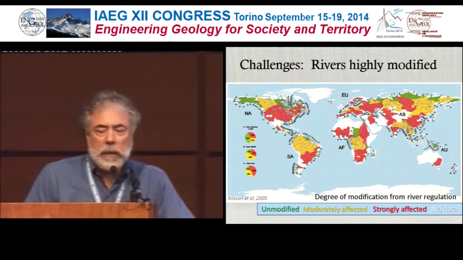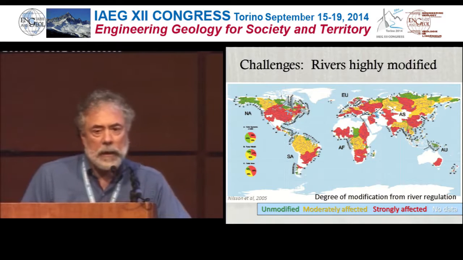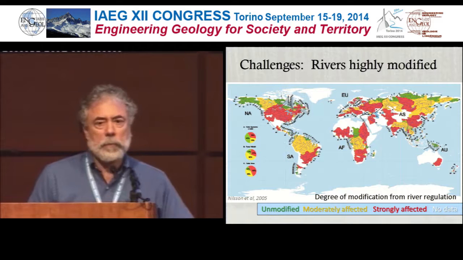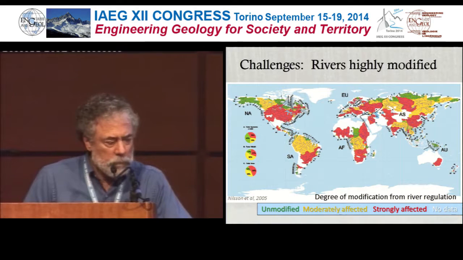So these dams are distributed worldwide. There is no portion of the world that is not highly modified. And what this means is that finding a river that has not been affected by human activities is extremely rare.